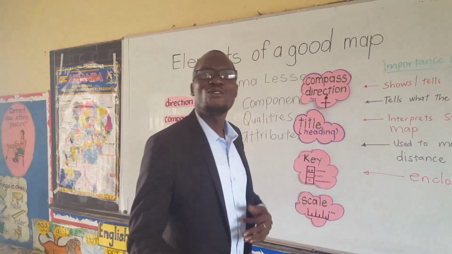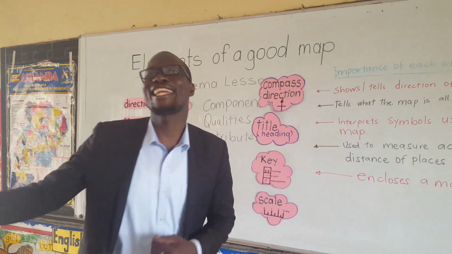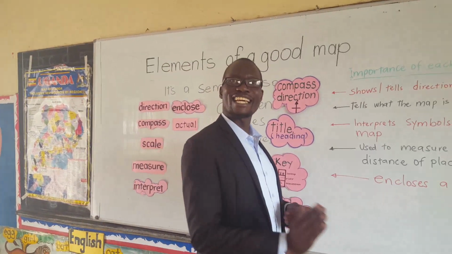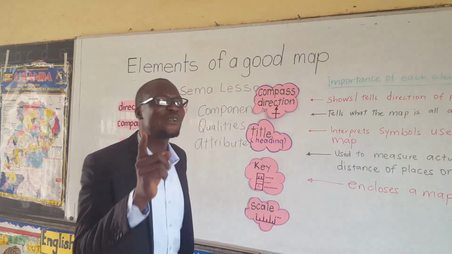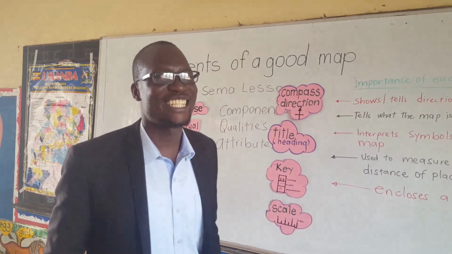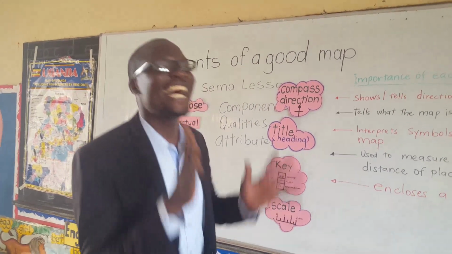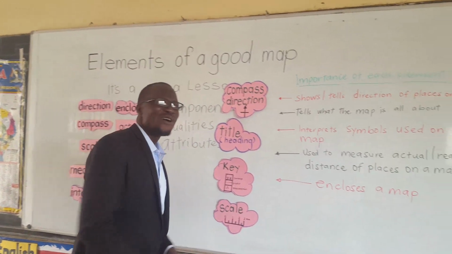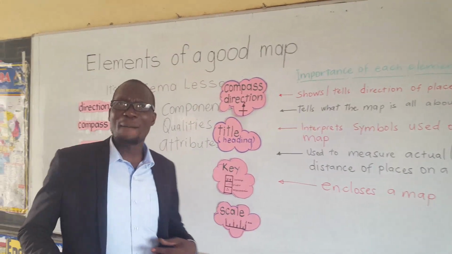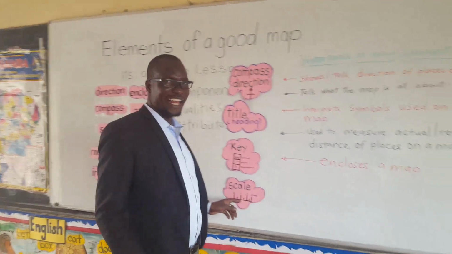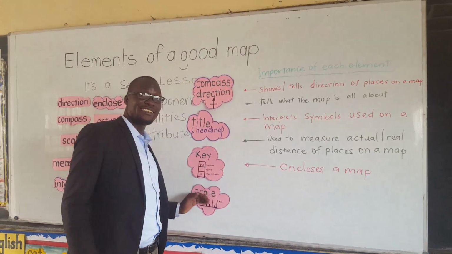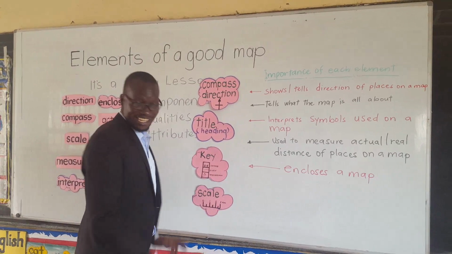If you want to know how far it is from Natete to Machindie, you use this. When you go to P4, I shall teach you how to find those distances. If you want to know how far it is from Kampala to Mbarara, you use this one. It's called a scale. It looks like a ruler.